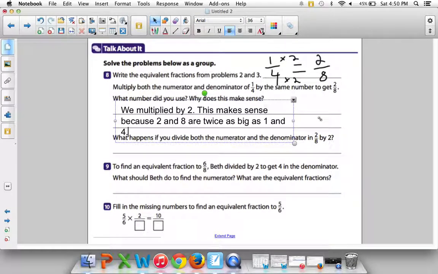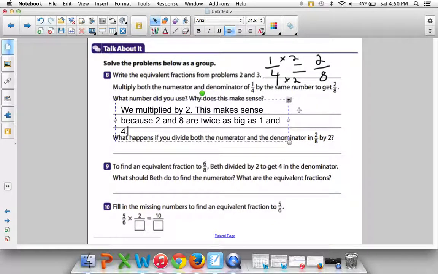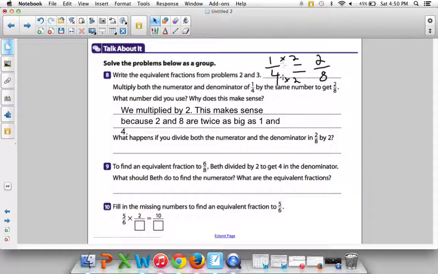So just remember, you got to multiply the top and the bottom by the same thing. The numerator and denominator by the same number. And then you can go ahead and you can get yourself 2/8, which is an equivalent fraction.